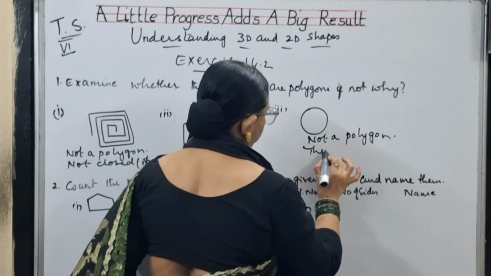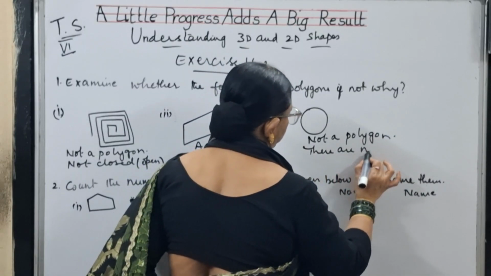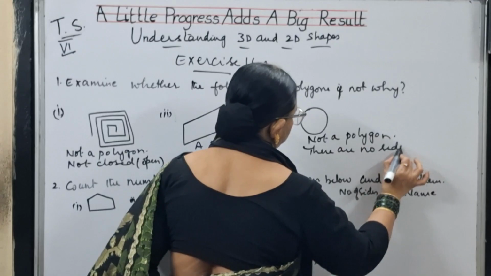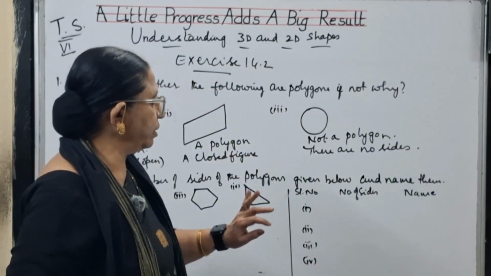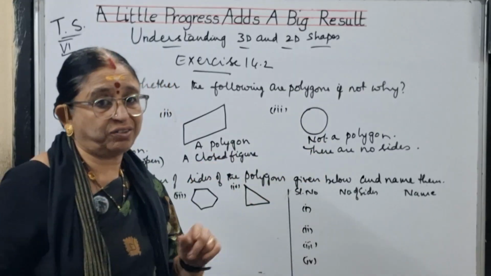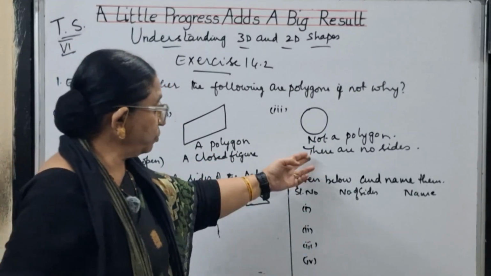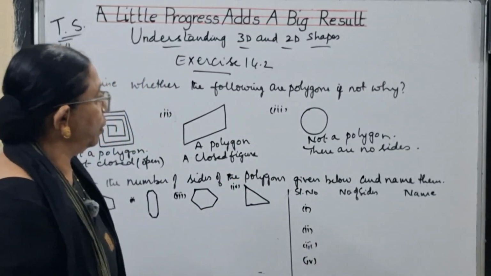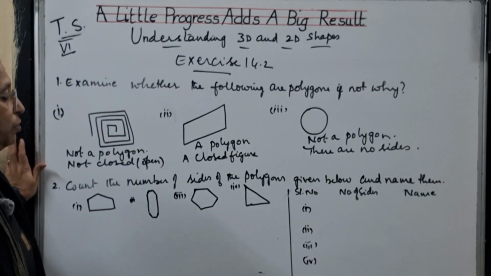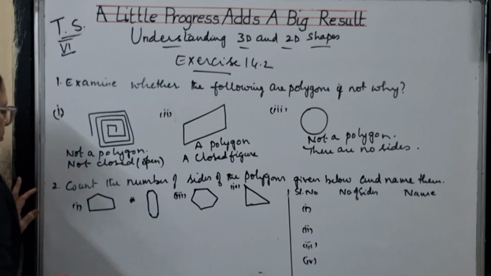Because there are no sides. Even though it is a closed figure, we cannot call it a polygon because a polygon should have sides. Gon means sides. But it has no sides, it has only a curved surface. So we call it not a polygon. This is the first problem, children.